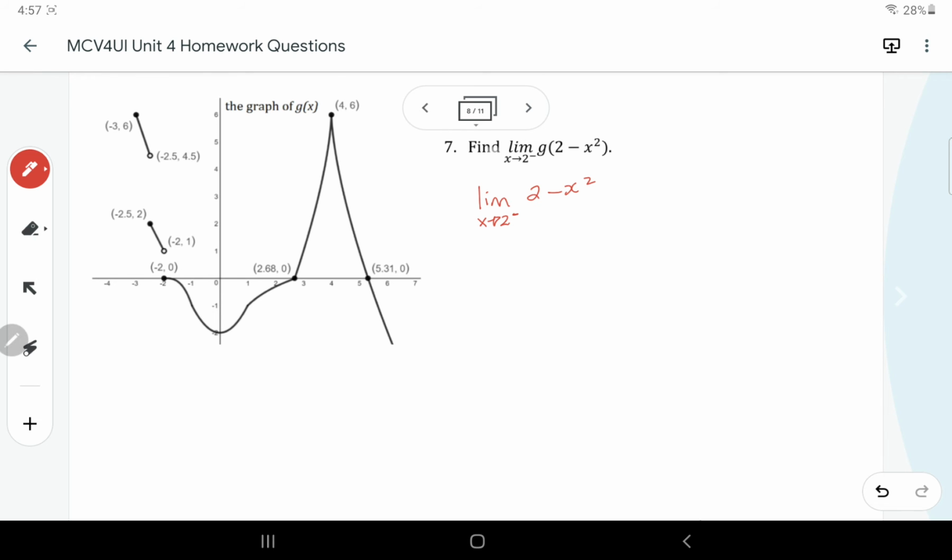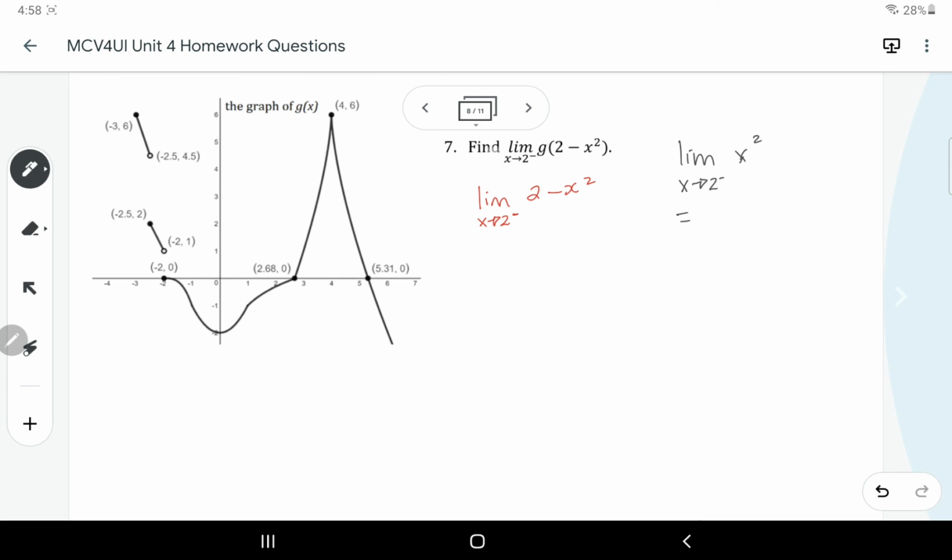So here, we want to think about what happens to this x squared. Maybe I'll write this out with better limit notation. The limit as x approaches 2 from below of just x squared.